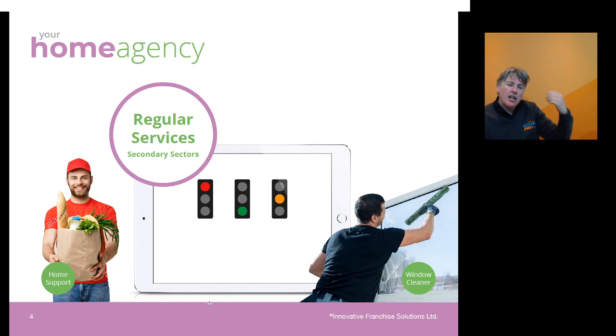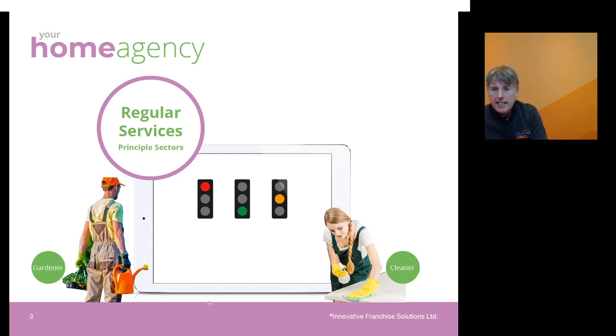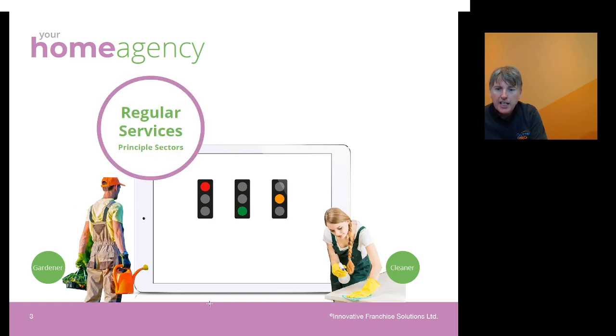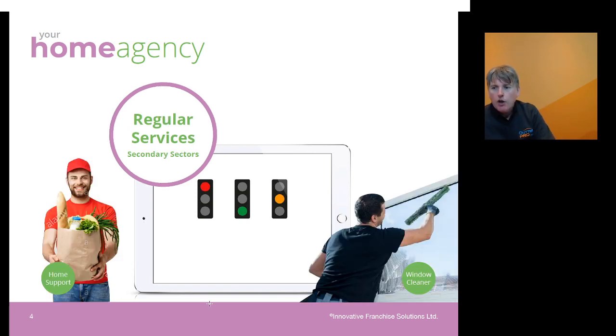And then concierge support, home support, is increasingly something that older people need. It might be help with the shopping, and people who are able to do that, or window cleaners. Again, there's no sense within the business model that the franchisee, these people looking down from above, making sure that the whole business operates, would either be doing the cleaning, buying lawnmowers and other gardening accessories, or buying the equipment to do the window cleaning themselves.